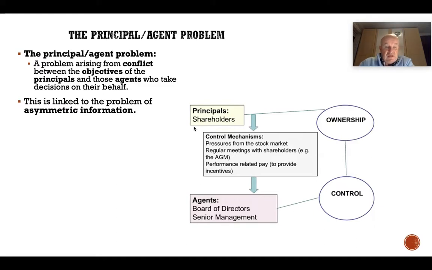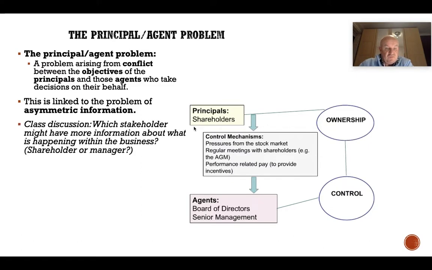So in this case, the managers of the business might have more information available to themselves that they're not necessarily sharing with the principals, because maybe they want to protect their own turf, and as a result of that, that can cause all sorts of issues. So that clearly can be a bit of an issue.